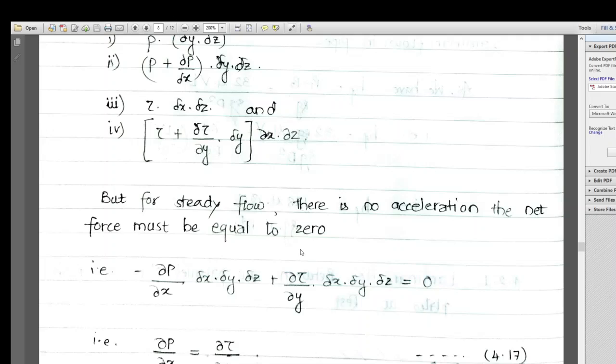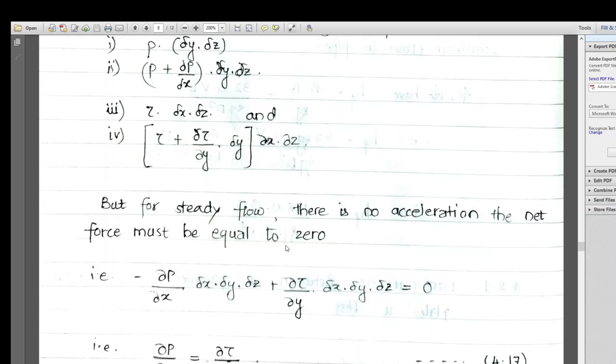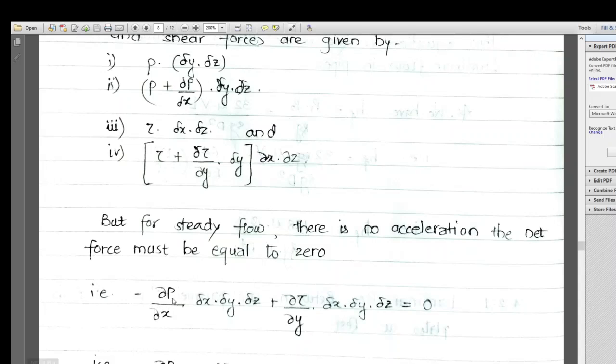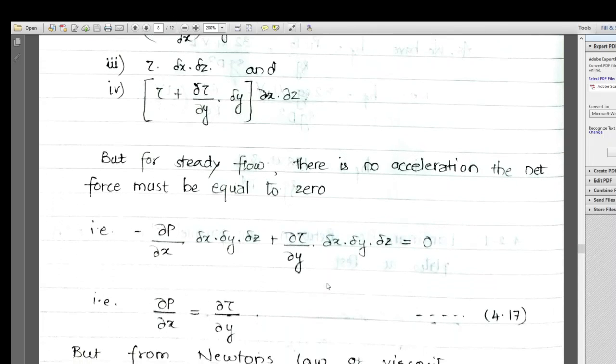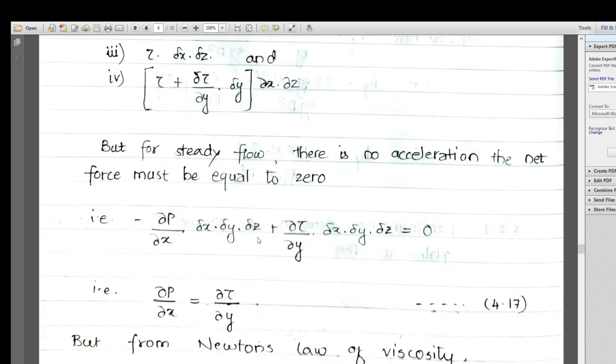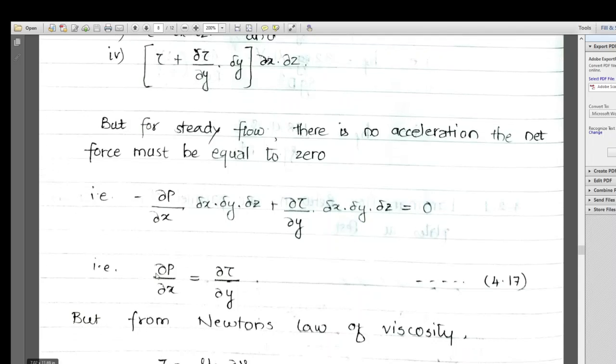So the net forces will be minus delta p by delta x into (delta y delta z) plus delta tau by delta y into (delta x delta y delta z) is equal to 0. This expression we will get when net forces are equal to 0. Therefore, now this term is common, so delta p by delta x is equal to delta tau by delta y. Okay, we will get this expression.